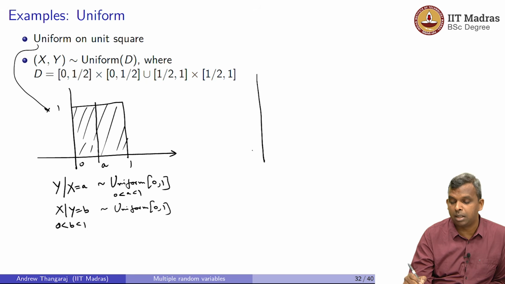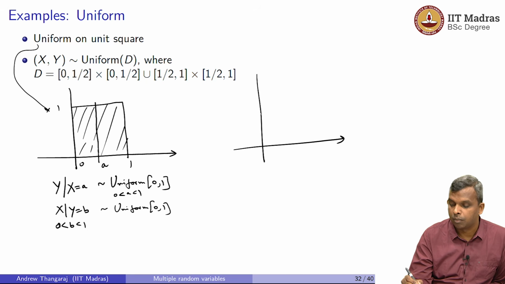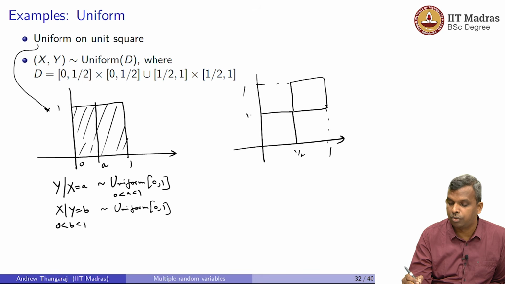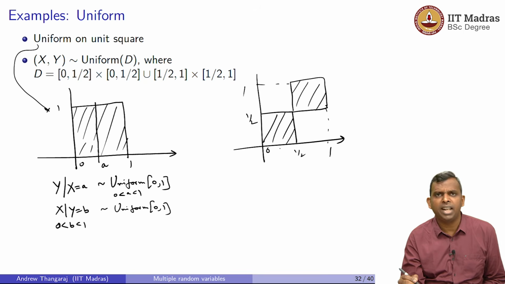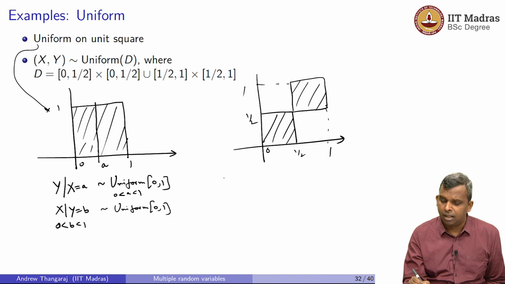The second one will be a little bit more interesting. Let's draw it a little bit better. Okay, so this is my support, right? Half 0. So this is my support. Again, you can quite easily guess this y given x equal to a.